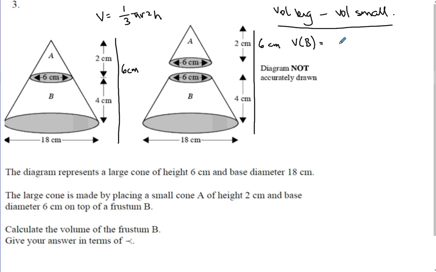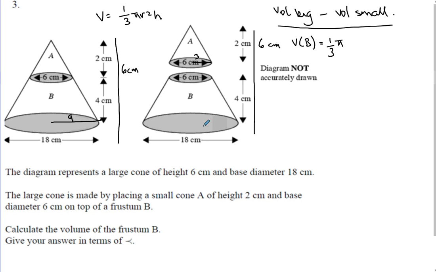So let's stick the numbers in. You've got 1/3 pi, the radius of the big one is 9. And while we're at it, we might as well do the radius of the small one, which is 3.